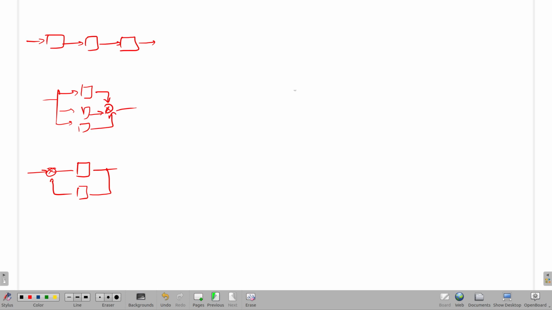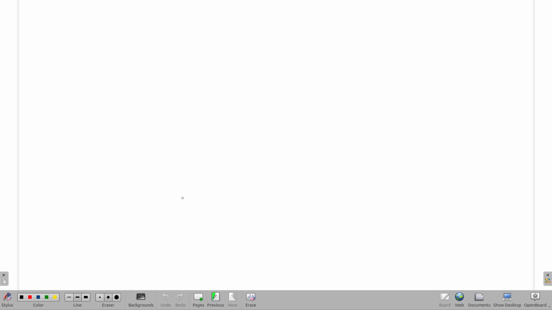Then we considered how to change the blocks when you are interchanging summing and takeoff points and things like that. So today we will be solving some small problems so that you get an idea how to approach them.